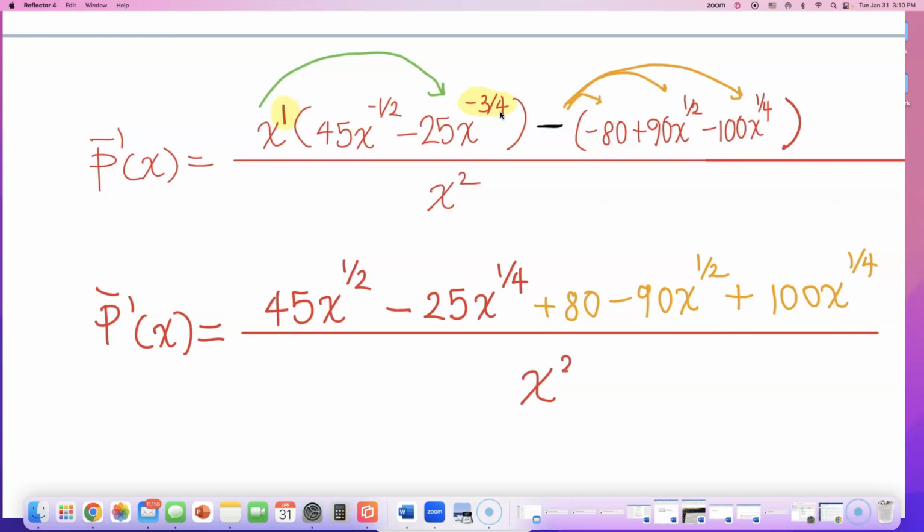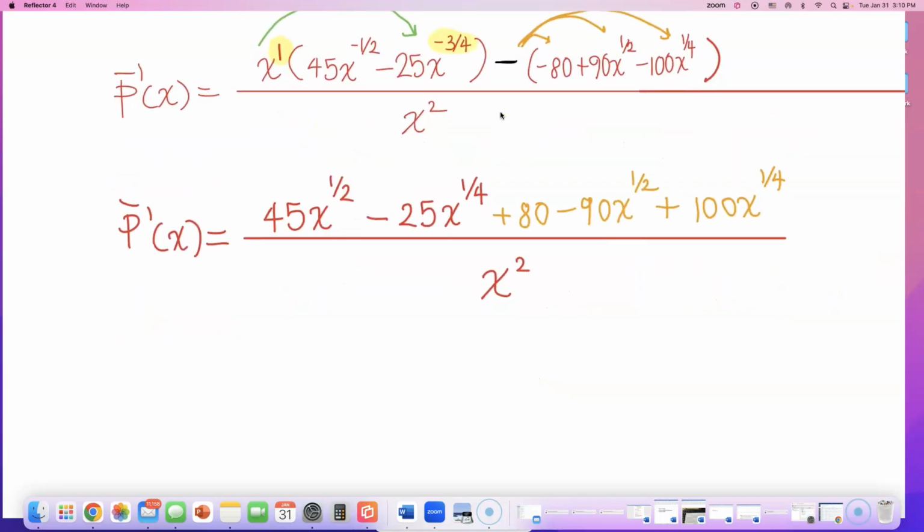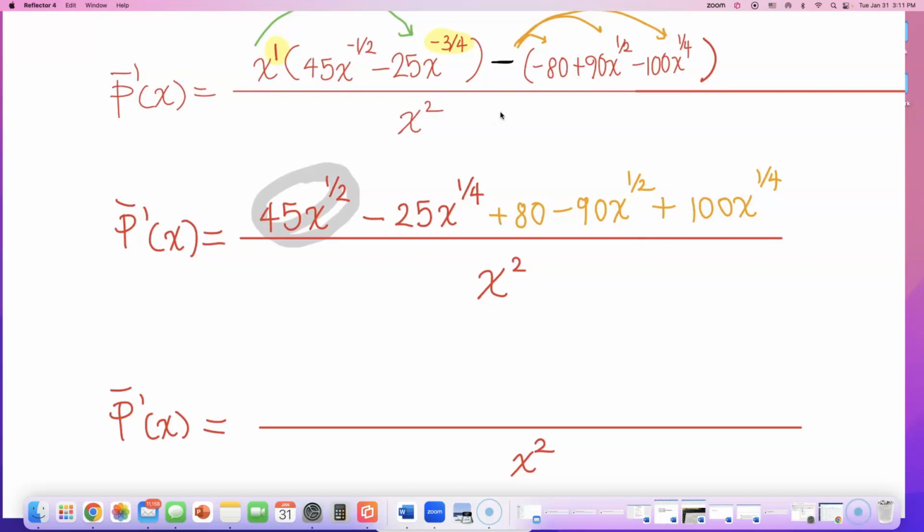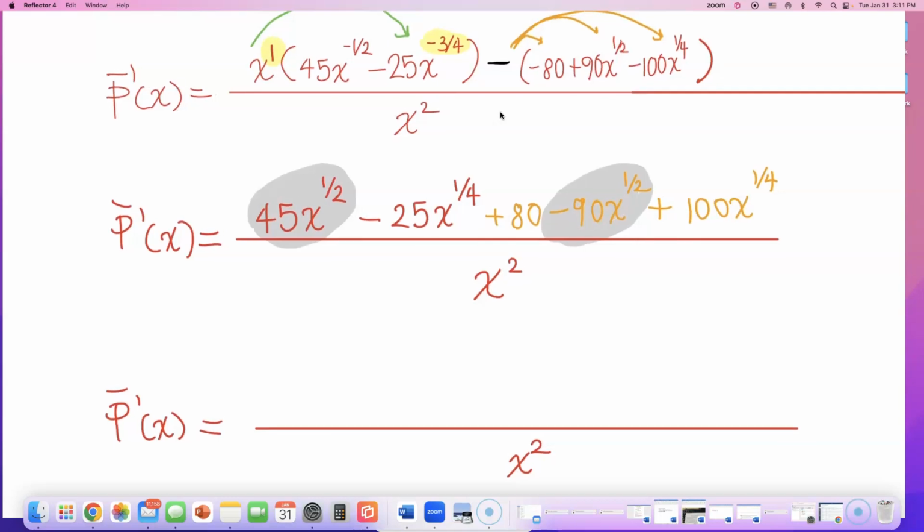Let's see if we have any like terms, okay? So P prime of the average function, x squared still down there. Let's see if I can highlight some like terms. So there's 45 x to the 1/2, and there is minus 90 x to the 1/2. So I'm going to combine them and get negative 45.